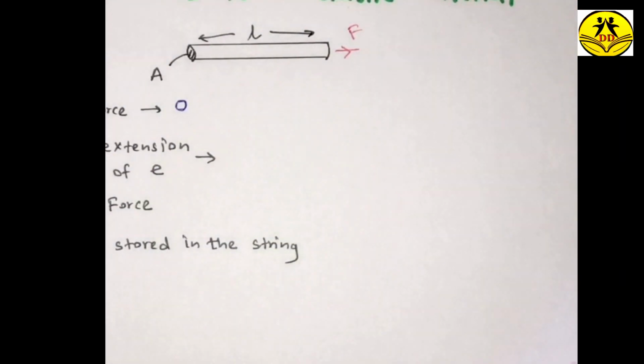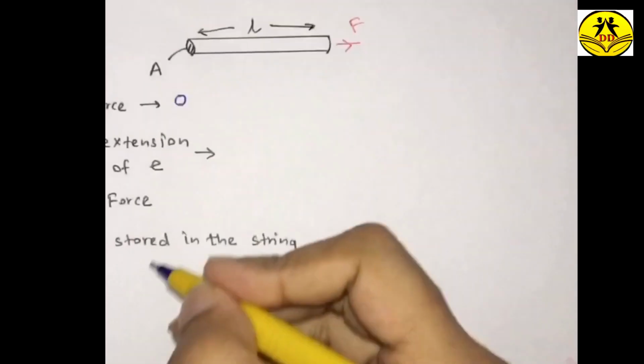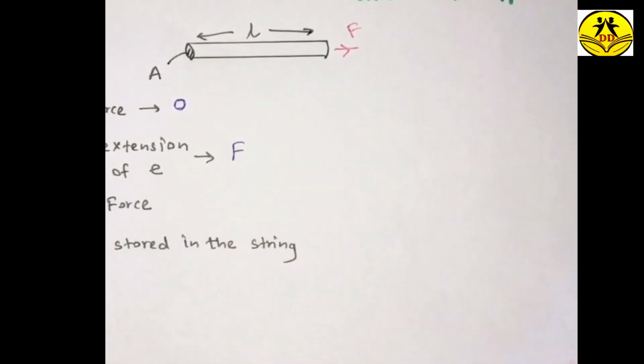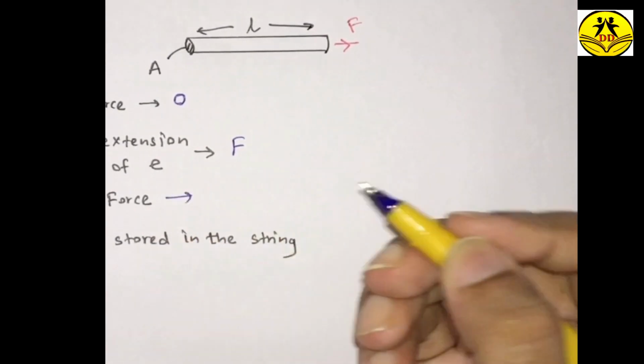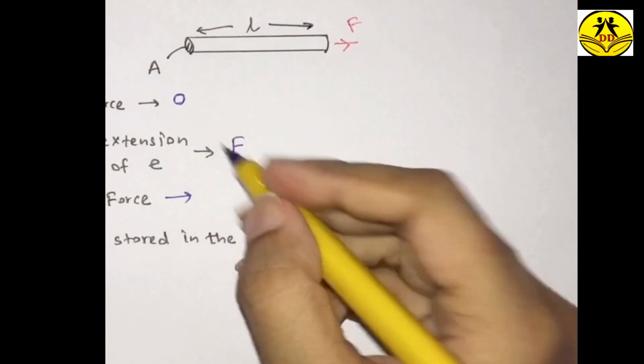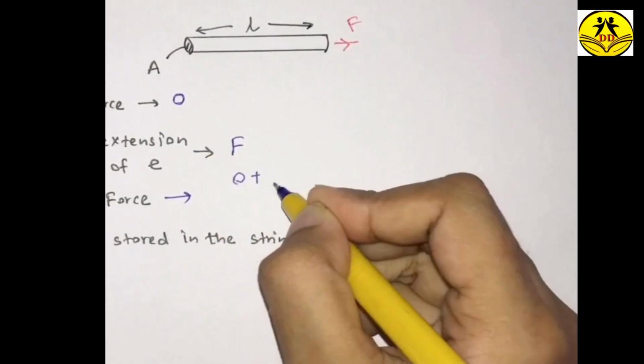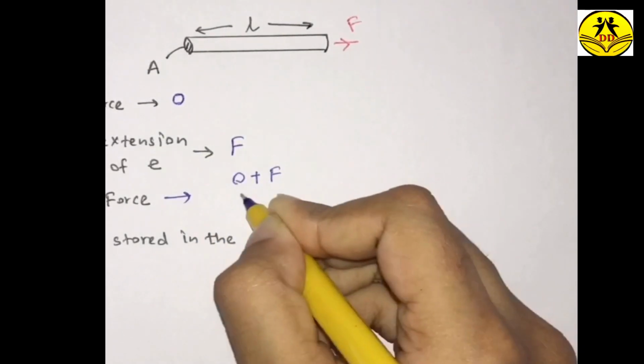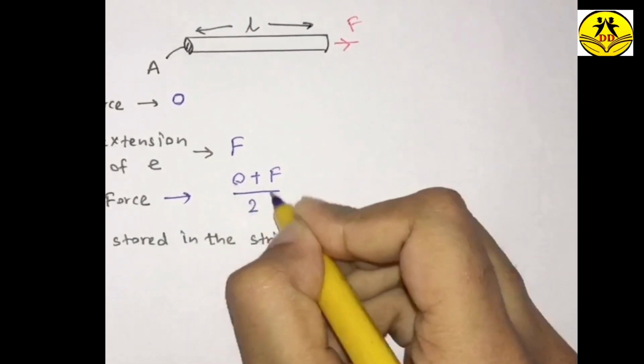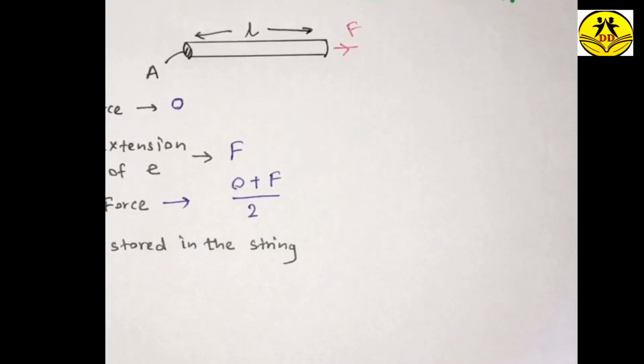Initially there is no force, it remains in its initial length. But after an extension of E, the force exerted is F. So the median force is the initial plus the force after an extension of E, divided by 2. This is the median force.